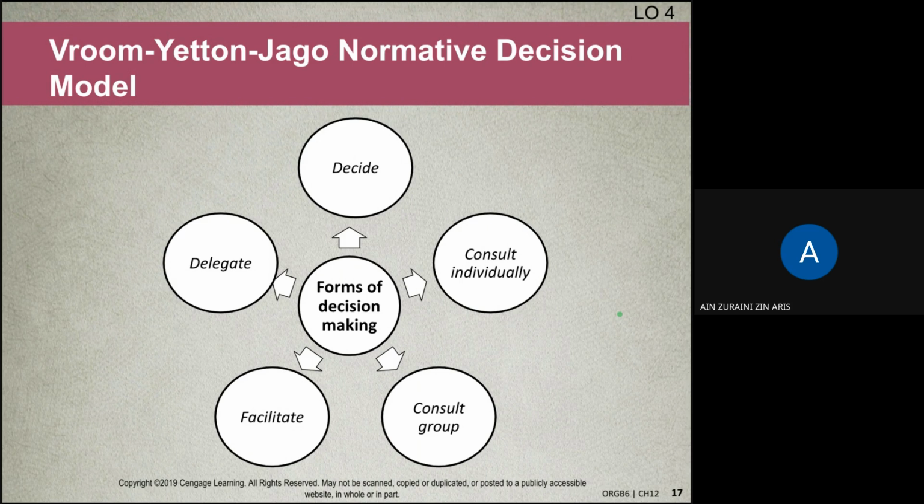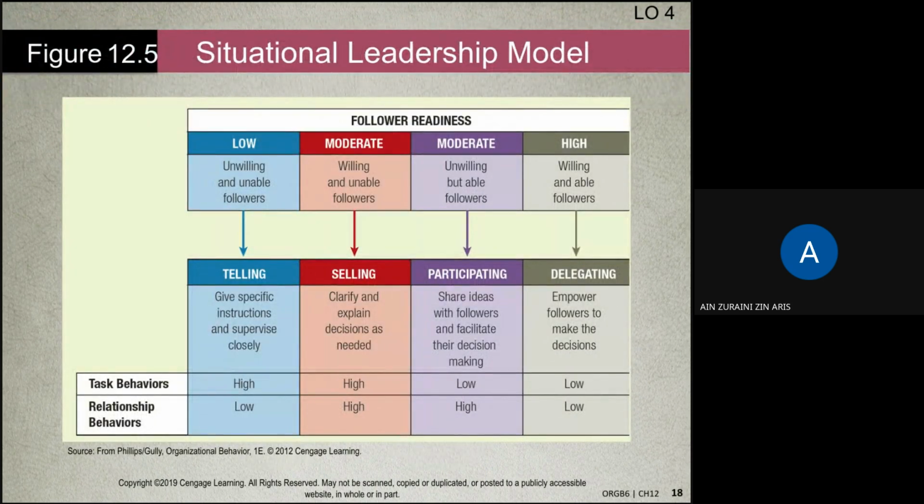Okay, so now let's move to the last contingency theory for this chapter, which is the situational leadership model that was developed by Paul Hersey and Ken Blanchard. This model is especially popular in the business world because of its practical and easy to understand approach.